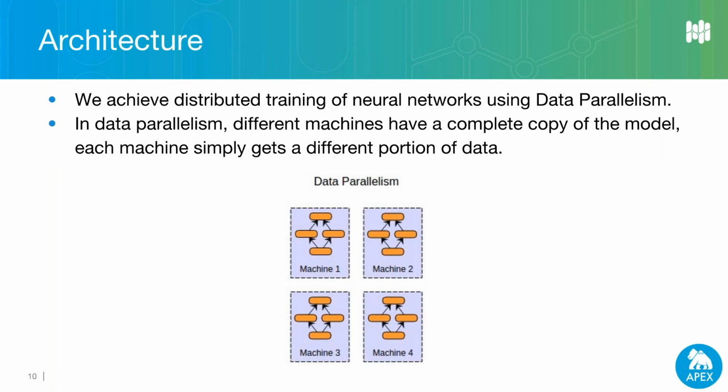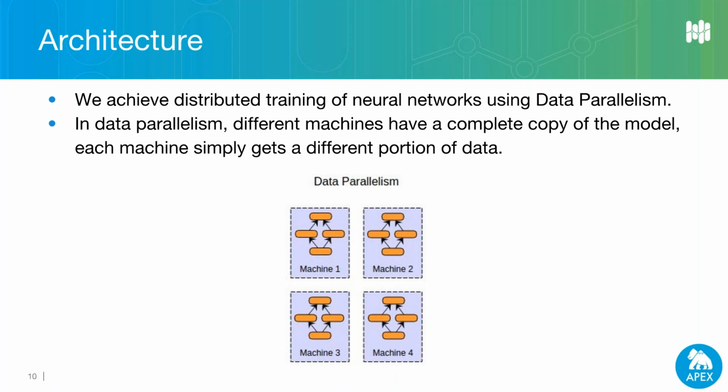Now I'll talk about how the architecture looks, what the design for integration is. There are two ways you can do parallel training for deep learning. One way is model level parallelism, where parts of your model are distributed on different machines and you do processing.